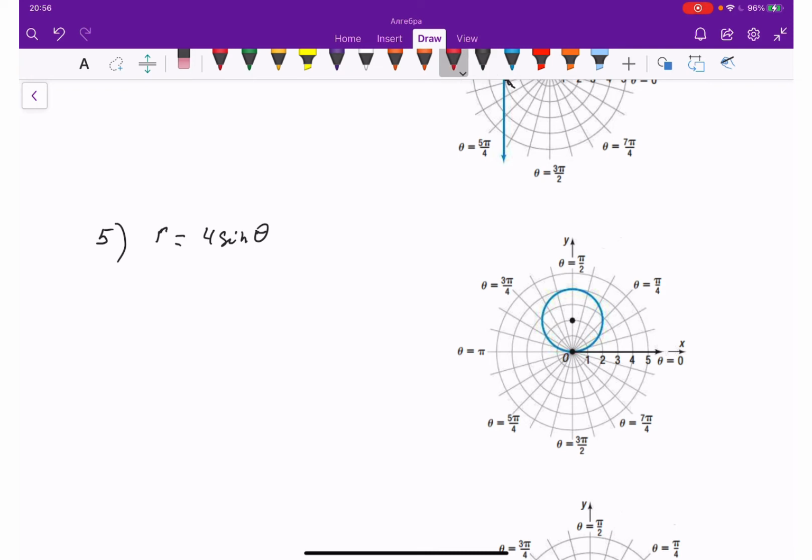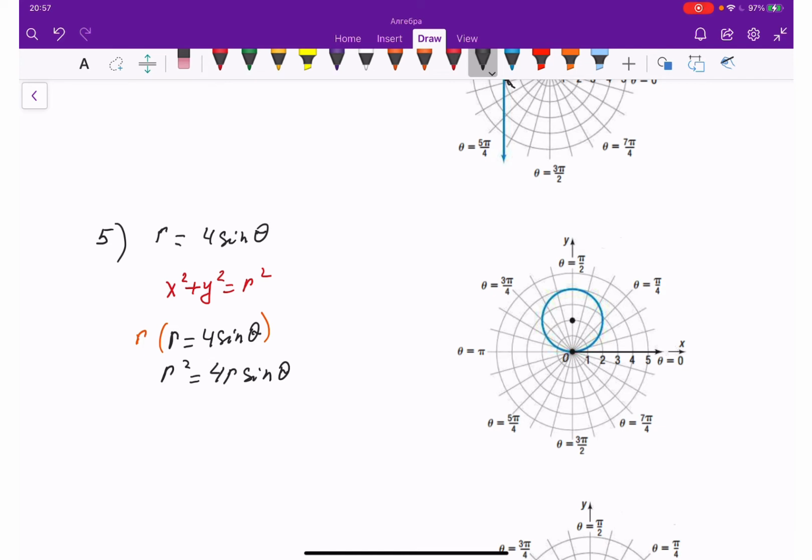We know that in rectangular form x squared plus y squared equals r squared, but we have r instead of r squared. So we need to multiply the entire equation by r. So r equals 4 sine theta, and multiplying the entire equation by r, we get r squared, because we need r squared, equals 4r sine theta.